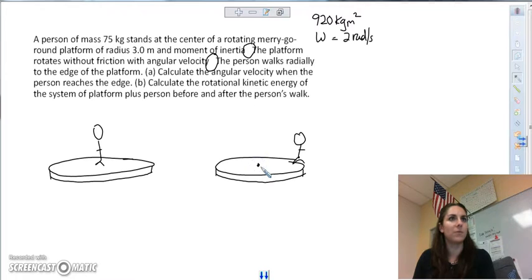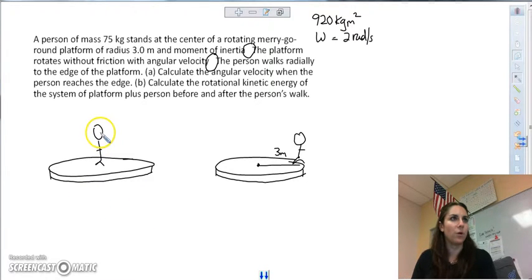We know that the platform has a radius of 3 meters, and the platform has that angular velocity, which we have. Okay, perfect. So this is the before and after.